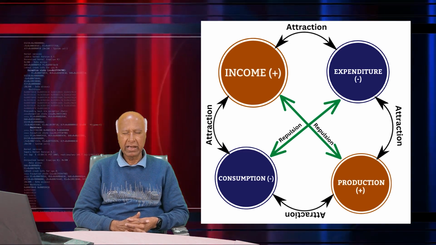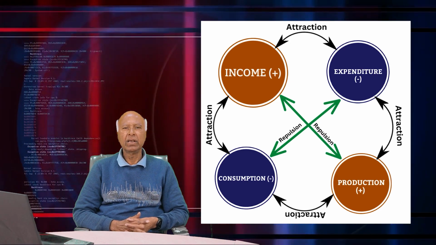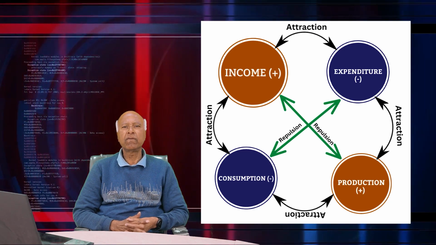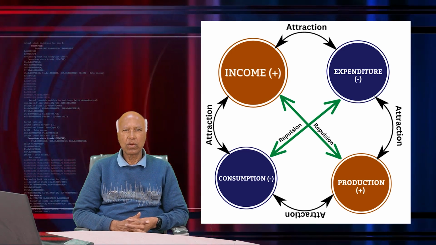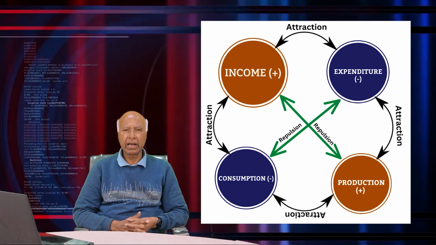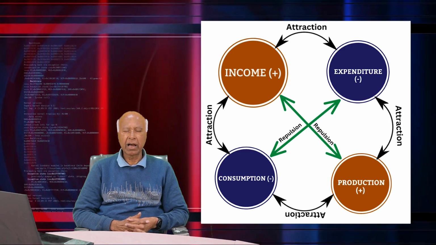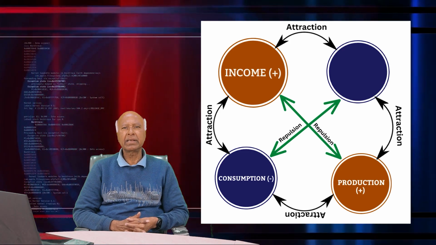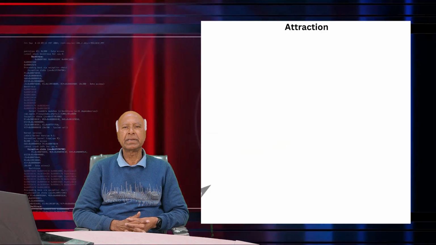The purpose of money is to evaluate the function of consumption and production. So they are just equal and opposite, because unless there is an income, consumption cannot take place, and unless there is expenditure, production cannot take place.